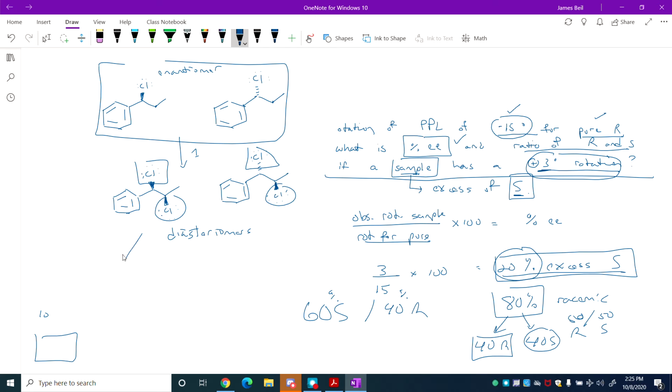So then I could separate them. Since they're now diastereomers, I can separate them from one another, and then that would give me these structures, separated from one another.